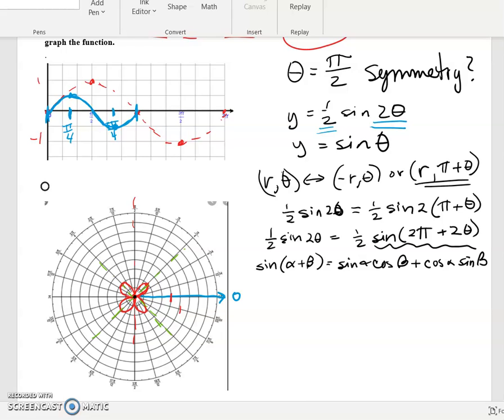So I want to see if what I have highlighted there is equal to sine 2 theta. I have sine of 2 pi cosine of 2 theta plus cosine of 2 pi sine 2 theta. Sine of 2 pi is 0, so this is 0 times cosine of 2 theta, which is 0, plus cosine of 2 pi, which is 1, times the sine of 2 theta.